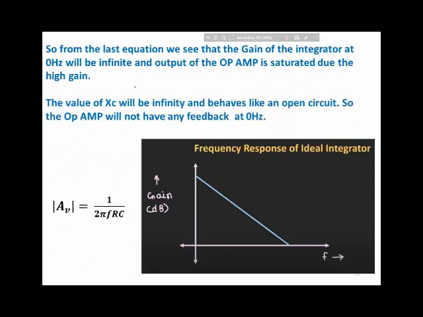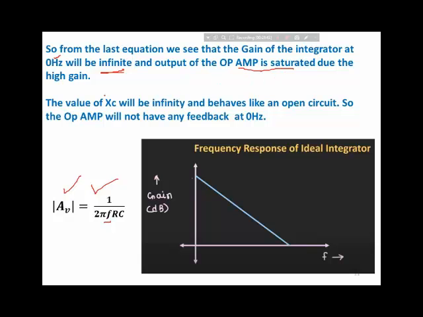From the last equation which we have seen here, if we take the magnitude of this, it will be equal to 1 over 2 pi f RC. We see that the gain of the integrator at 0 Hertz, that is when frequency is 0, becomes infinite. So the gain will become infinite, and the op-amp will go into saturation, because if the gain is very large, the output of the op-amp will be in saturation.